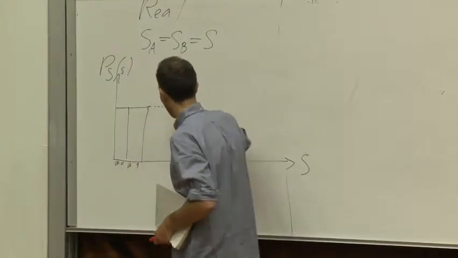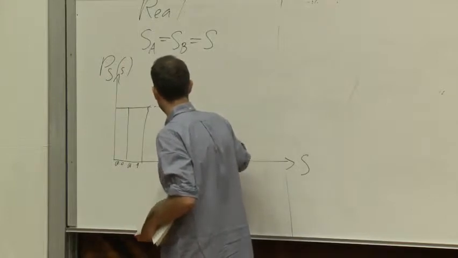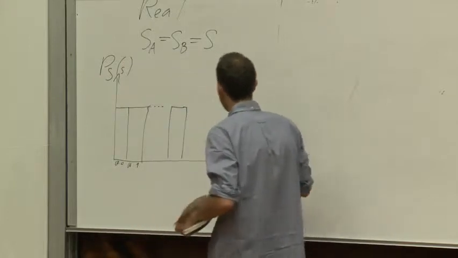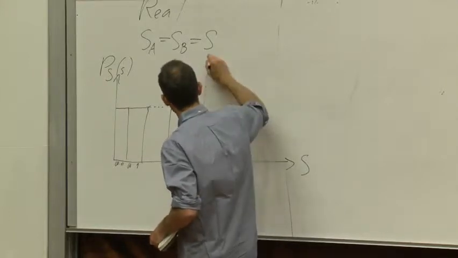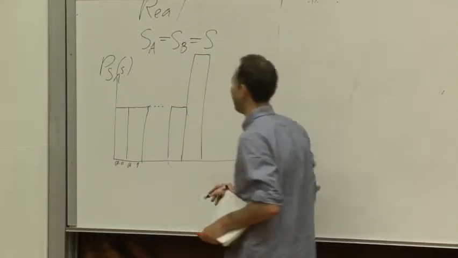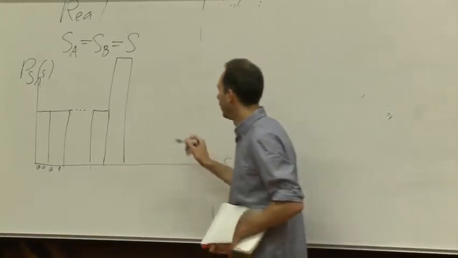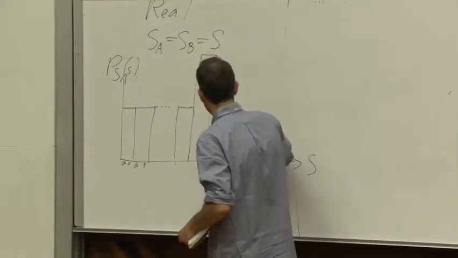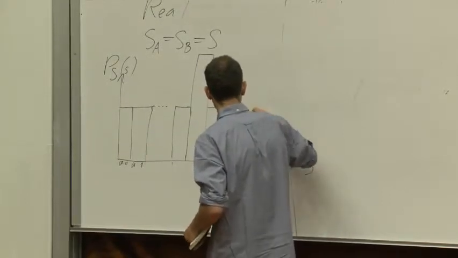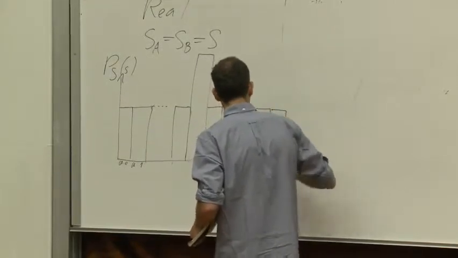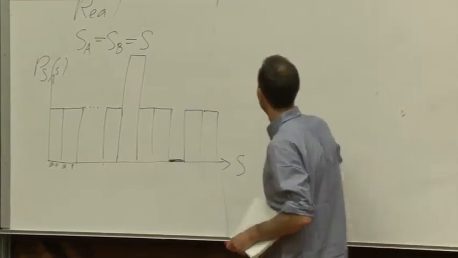So ideally, I want that they all have the same probability. But let's now assume that one particular value of the key appears, for example, twice as often as another one. And let's also assume that there is maybe another value of the key that never appears. So this would be a non-perfect key. So that's kind of the real situation.